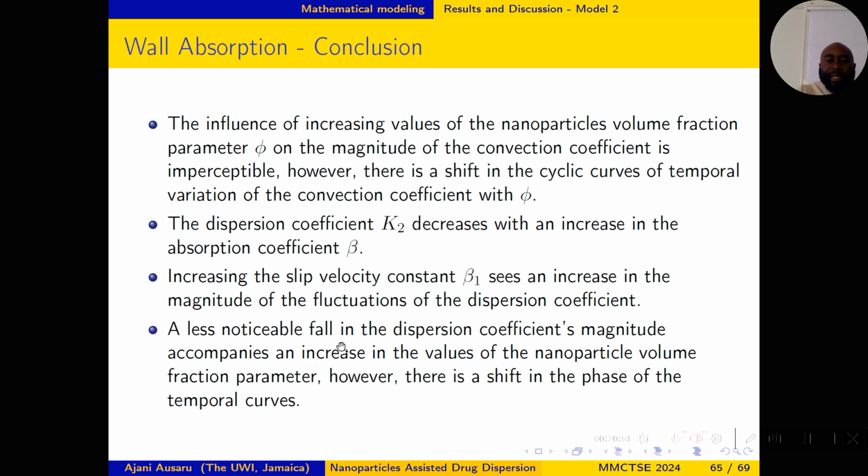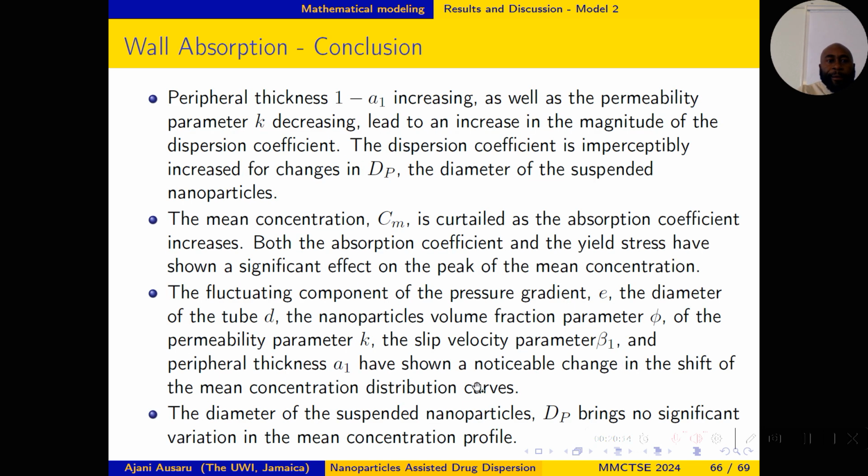We notice less of a fall in the dispersion coefficient K2 size accompanying an increase in the values of the nanoparticle volume fraction parameter phi. However, there's a shift in the phase of the time curves. In terms of the mean concentration, we notice as well that it is curtailed as the absorption coefficient increases.